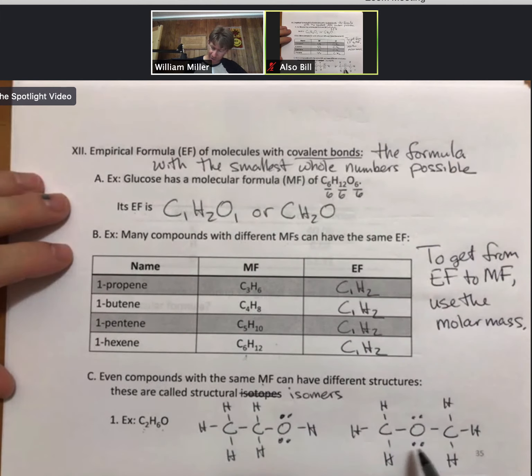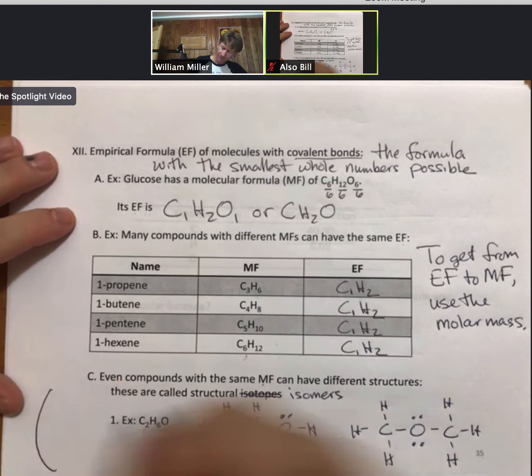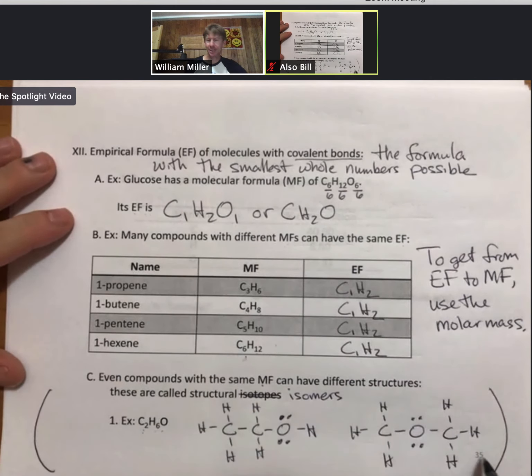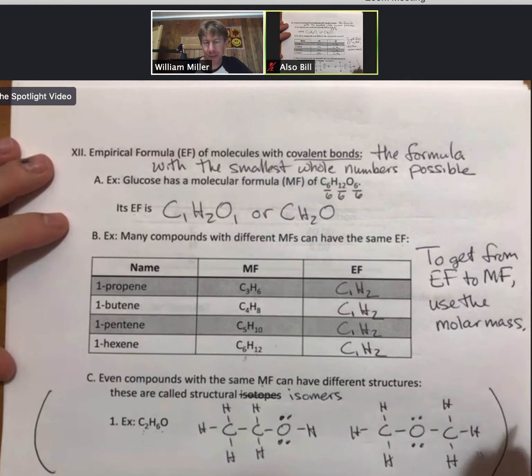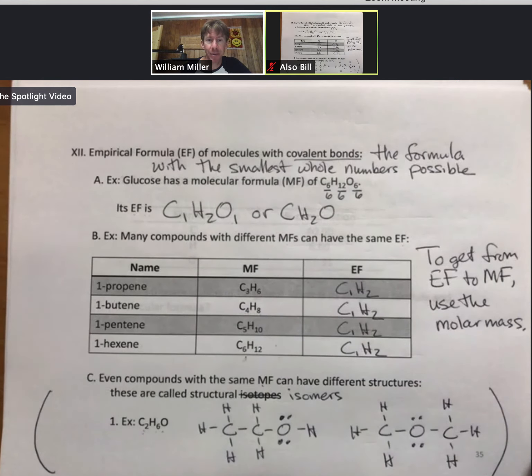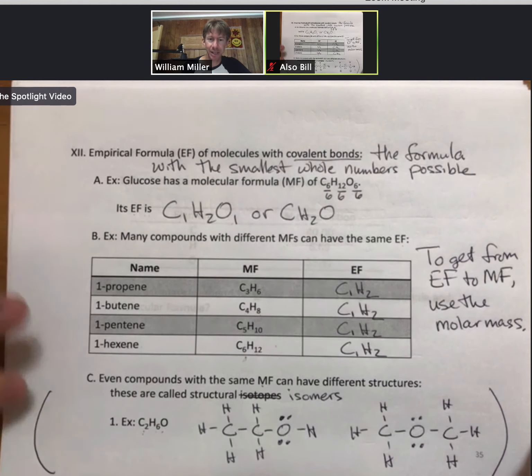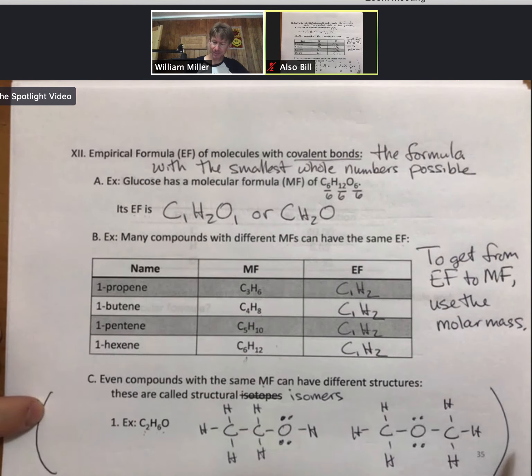So these two are isomers. Let's put that in parentheses for now. Parentheses means something to think about, but not necessary to memorize how to do them until later in the course. When it's later in the course, then I will tell you about isomers again.